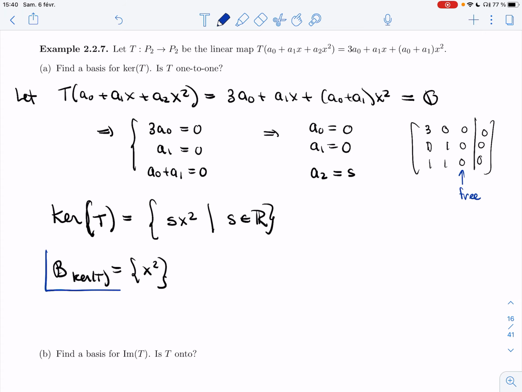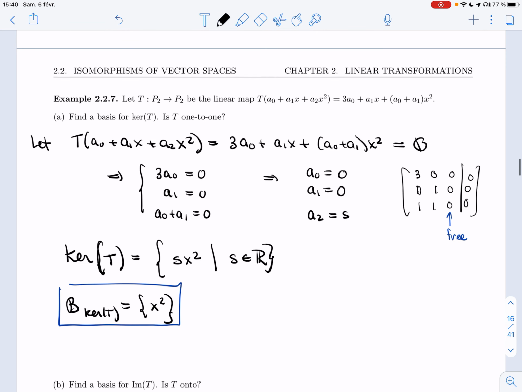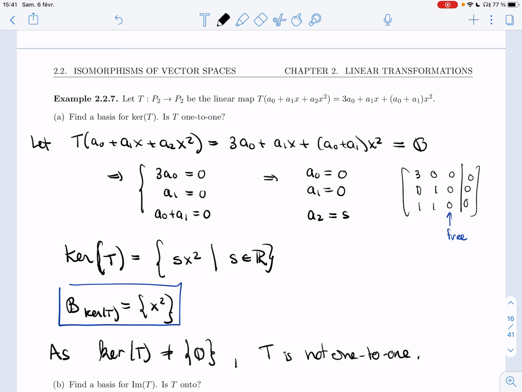Second question, is it one-to-one? Well, no, this isn't 0. And so we don't have a one-to-one map.